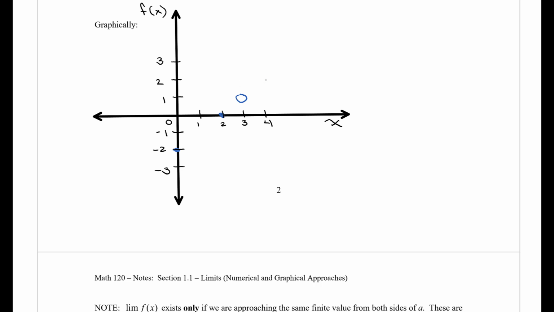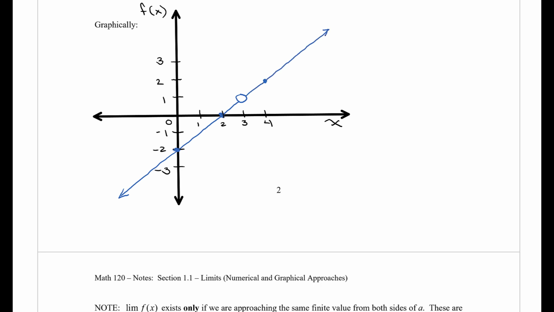And I'm going to go ahead and start connecting here my points, making sure I don't go through the hole that I drew. I'm going to extend my line to the ends of the graph and draw arrows on the ends. I'm going to label this function with f of x.